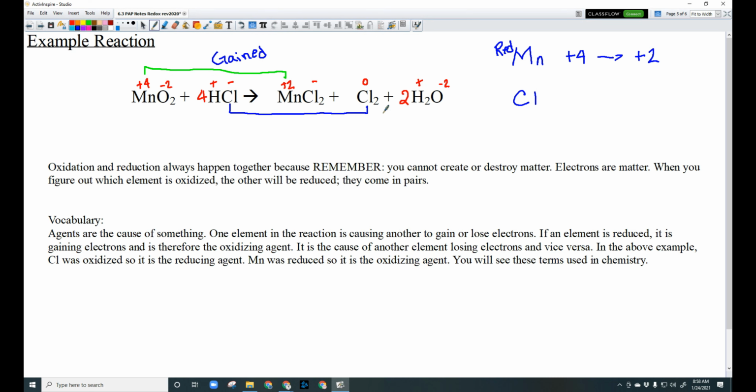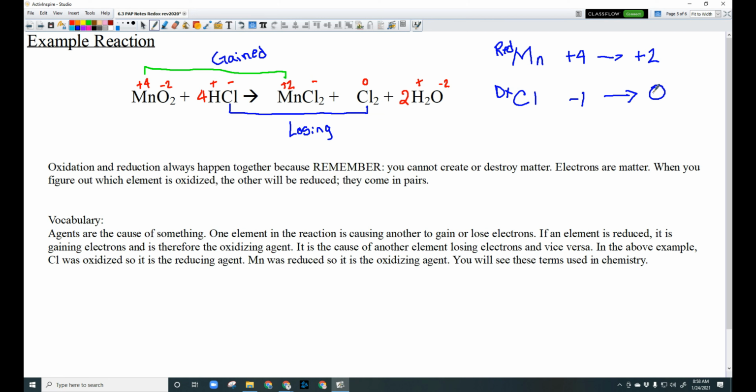So we have this negative charge here, but it's gone here. So that means that it is losing that 1 electron. Okay, losing electrons. Okay, so this is oxidation. Redox, red ox, reduction oxidation. So this is going from a -1 to a 0. Okay. So the chlorine is losing electrons.